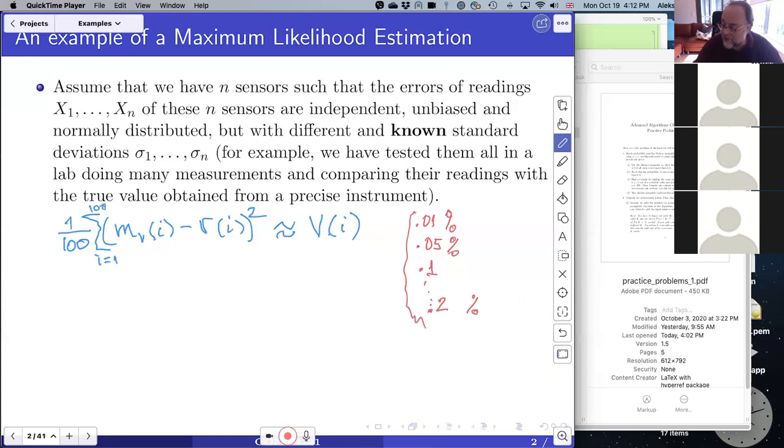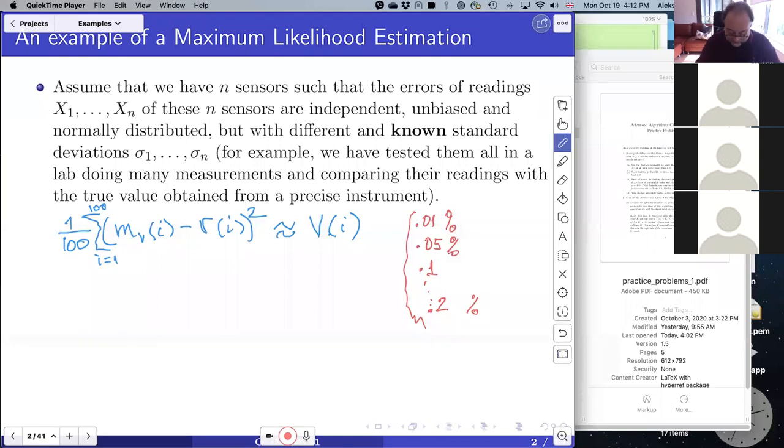Which one should you use? Pick the one with the smallest variance. That's what everyone would have as a gut feeling, because if you have a very accurate one, why would you bother with the less accurate ones? But unfortunately or fortunately, this is not the case.